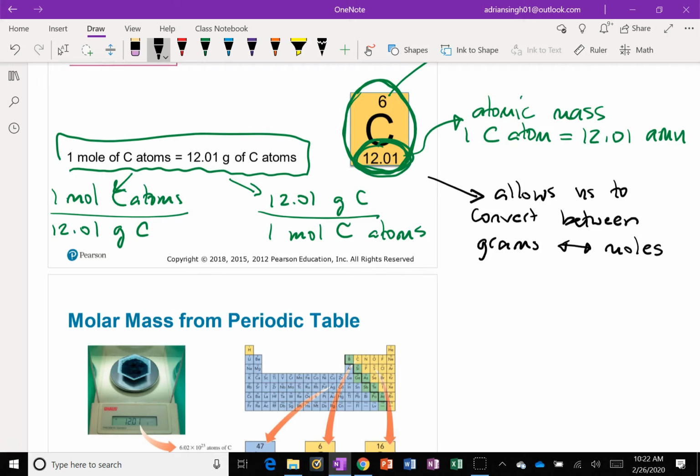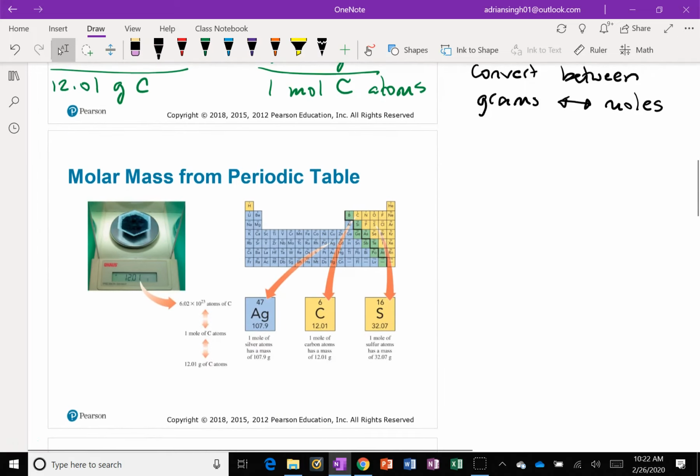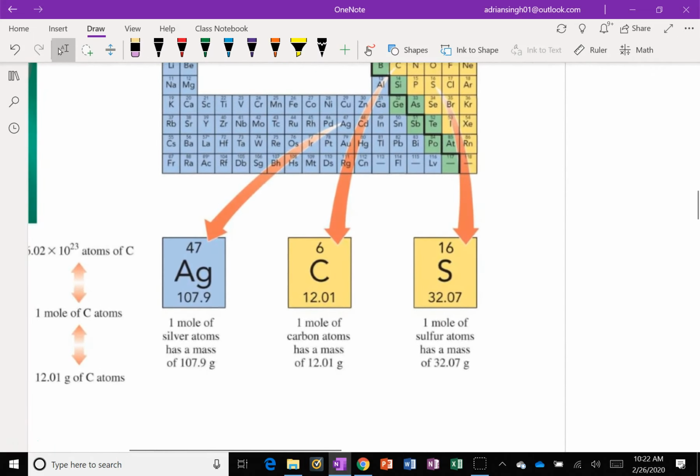Right? So again here, the equality, the way that we set that up, is stuff we've seen before. Where we get that equality from now is the other new thing. We get it from the periodic table. Right? So whether it is a mole of carbon or whether it is a mole of silver, for instance, 1 mole of silver would have a mass of just under 108 grams. We saw a mole of carbon would have a mass of just over 12 grams. And a mole of sulfur would have a mass of just over 32 grams. Right?